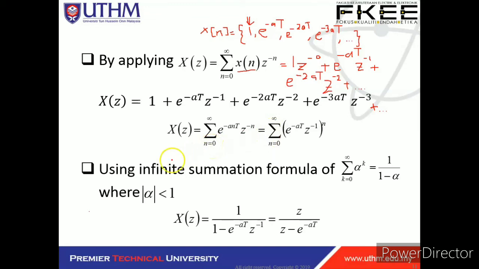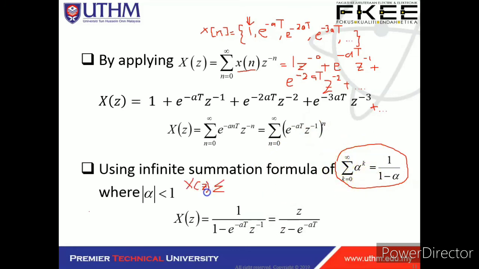Alright, so for the infinite summation, we can use this equation to simplify the summation of the signal, where we have the summation for k equals to 0 until infinite, alpha to the power k, will be equals to 1 over 1 minus alpha. So in this case, we change our equation into this form.